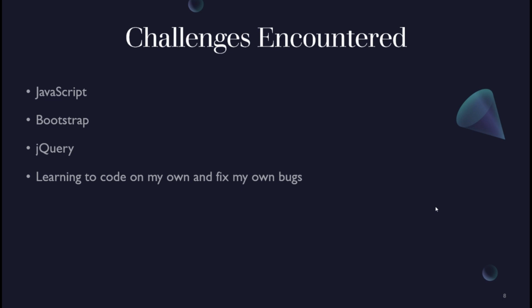Fixing my bugs. It's as simple as adding an extra letter, adding an extra semicolon in areas where it wasn't needed, or losing my divs and not having enough divs, so missing closing divs. That was one of the hardest things that I had to encounter, and it was head scratchers.